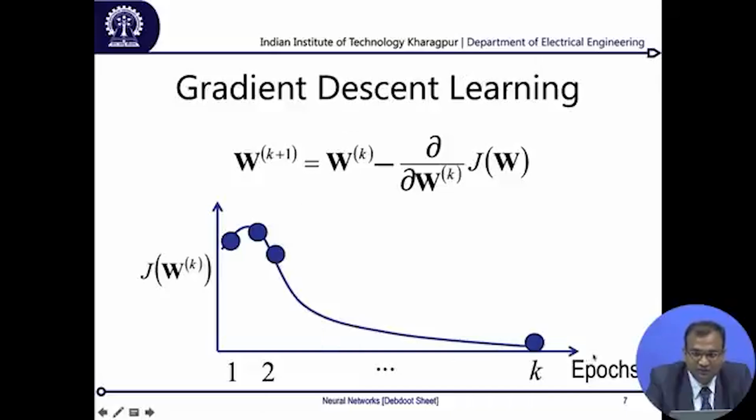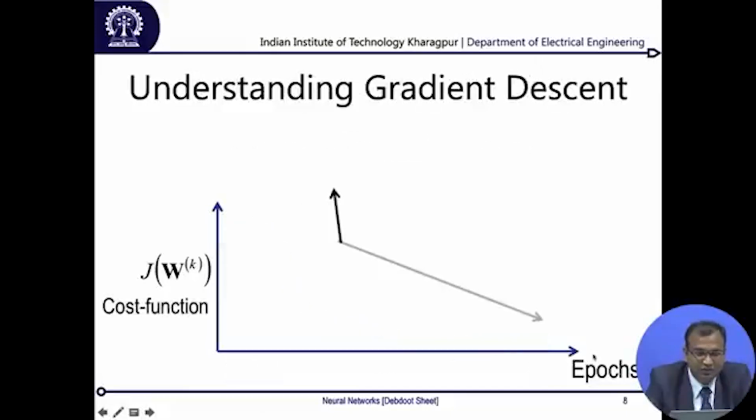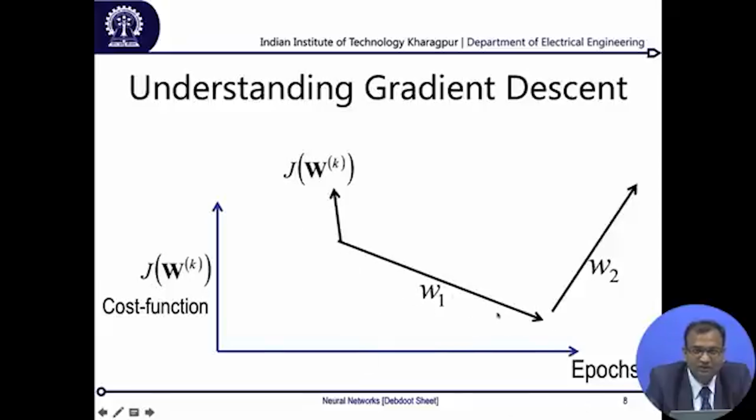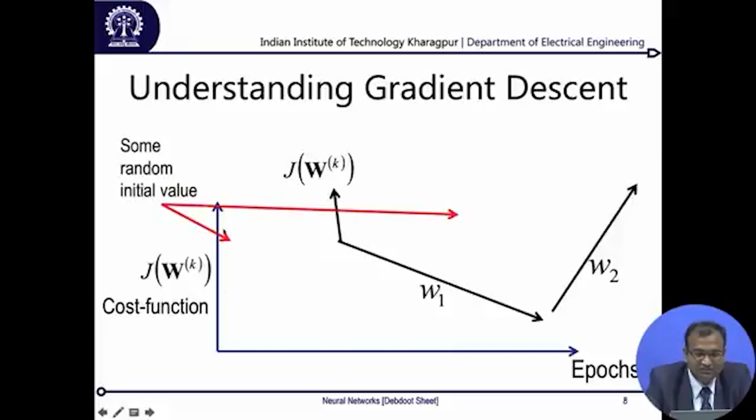Now let's look at a fun part, which is how this gradient descent would actually work. We were looking at this graph, which is about the cost function varying with the number of epochs, but we were never looking into what was happening to the space of these weights, because that's where the fun is actually located. What happens is we start with some random guess.